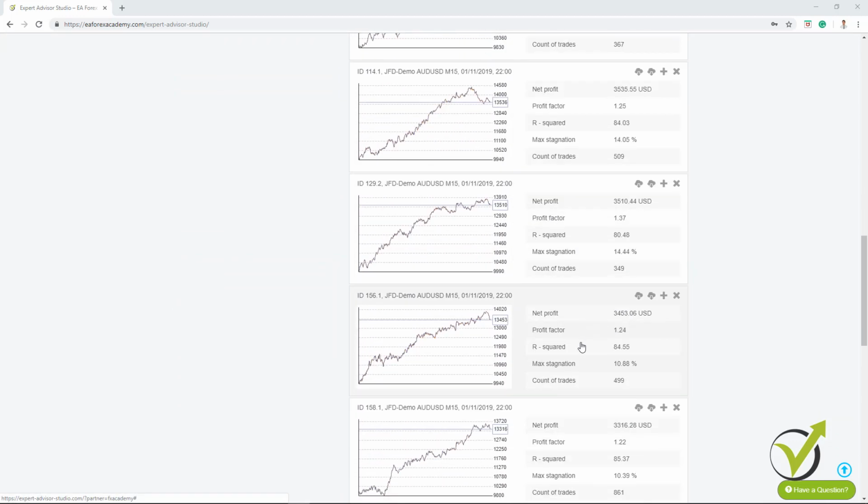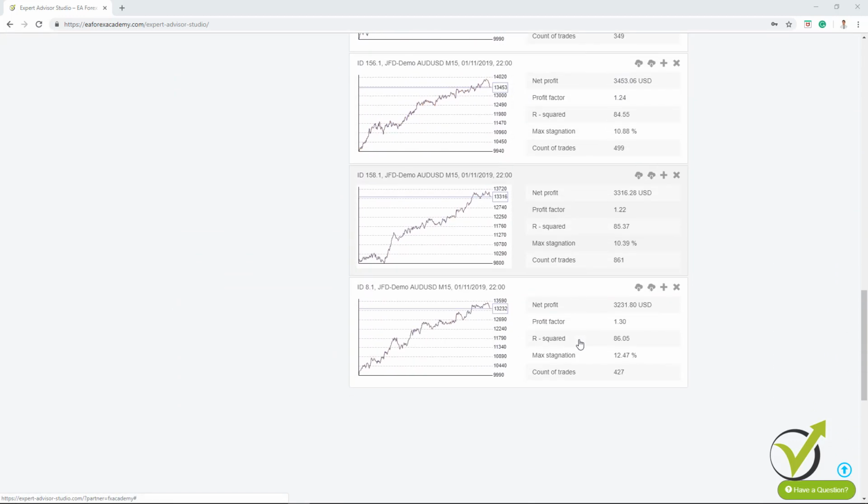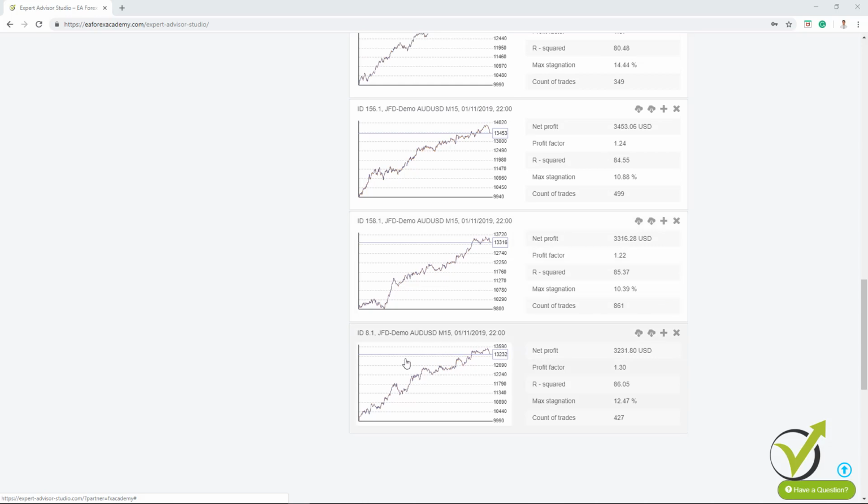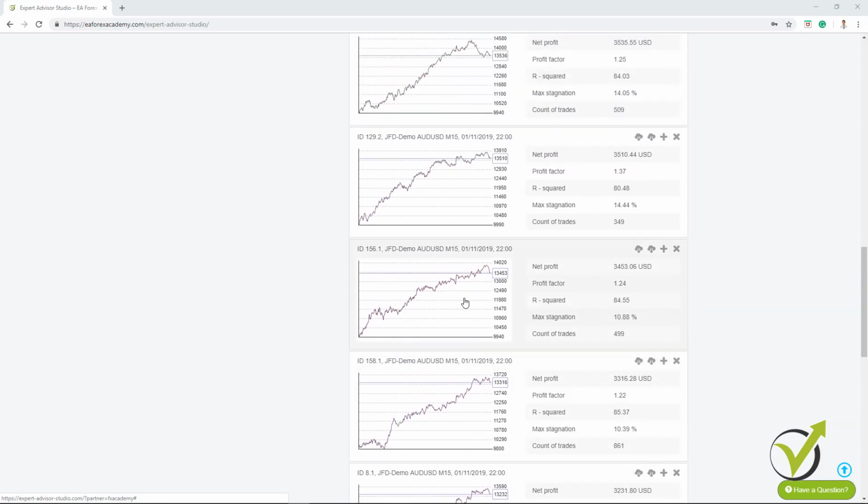But before I do that, I always visually delete some of the strategies that I have in the collection. Okay, now these strategies are having great equity lines. Their R squared is big, they have low stagnation, and profit factor is good. Now what I'm looking at is the most recent period.